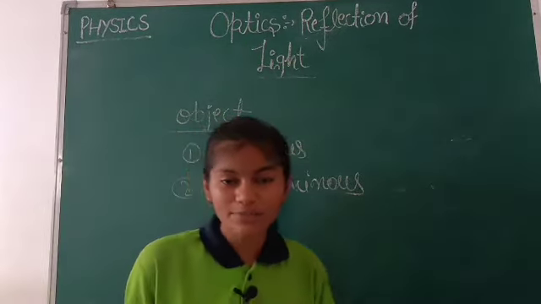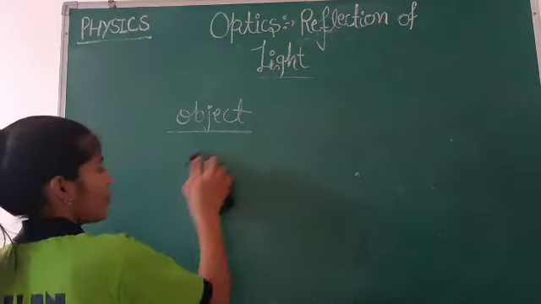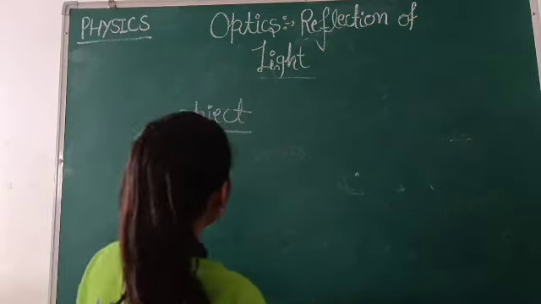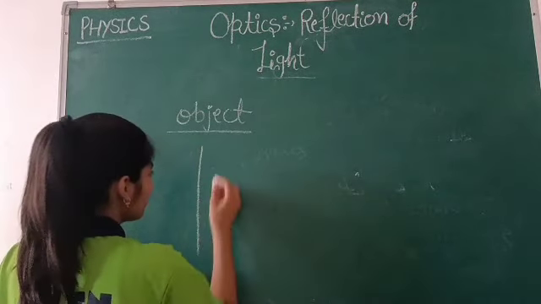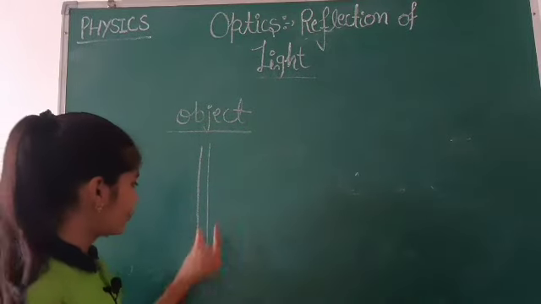We have transparent object. Now let's talk about these: transparent, translucent, and opaque. So let's suppose this is a transparent medium or a transparent object. This is a tube-like structure.